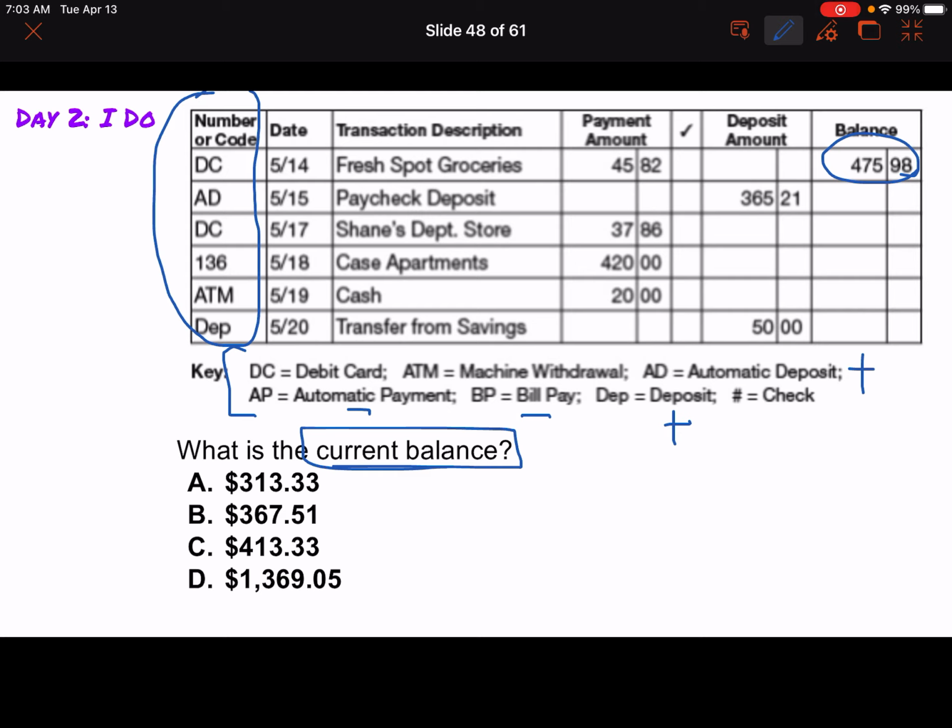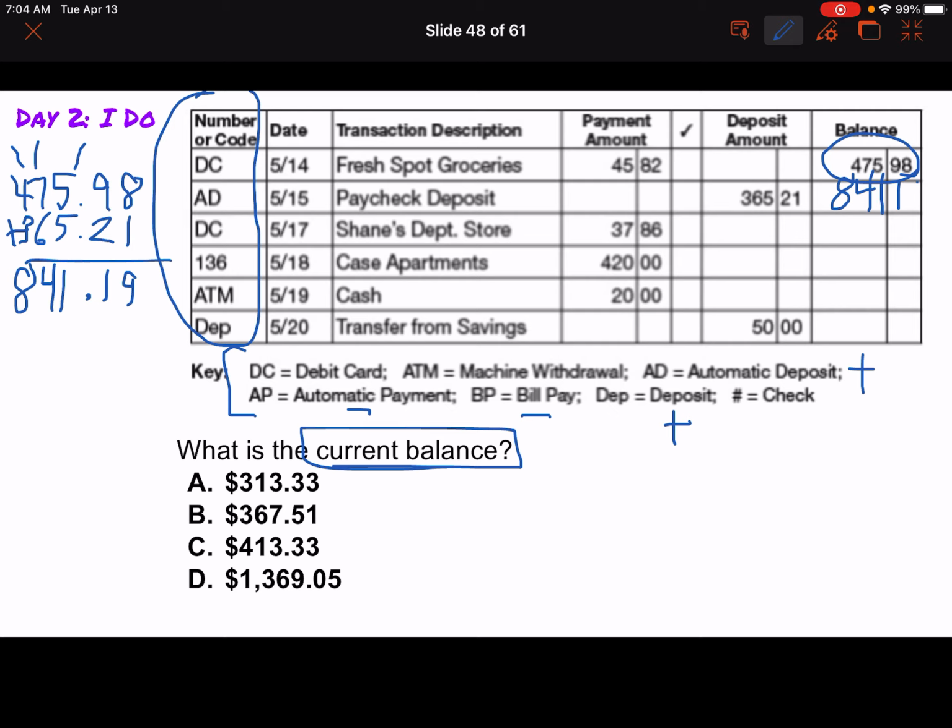So off to the side, I'm going to show my work, $475.98. I'm going to add it. Make sure you line it up. So I have a total balance of $841.19.